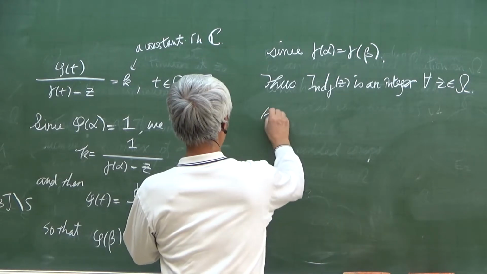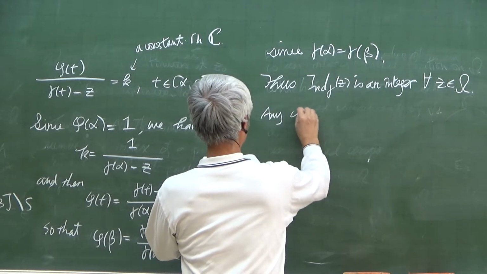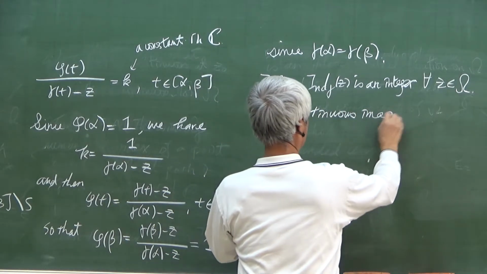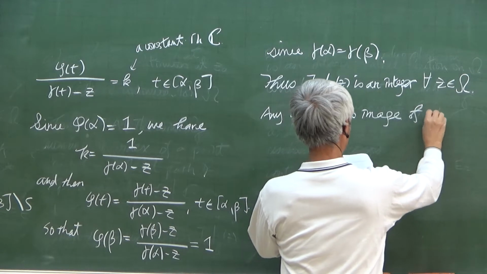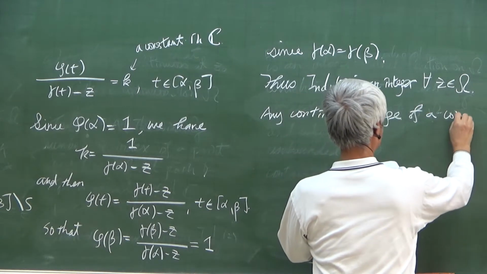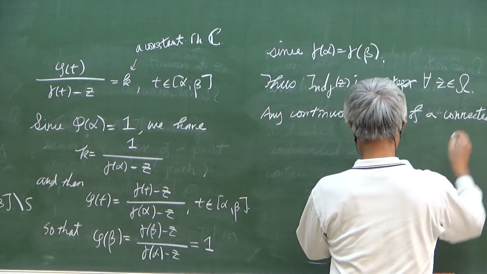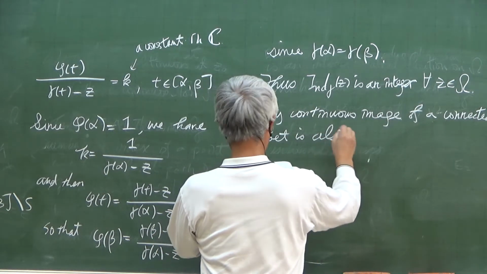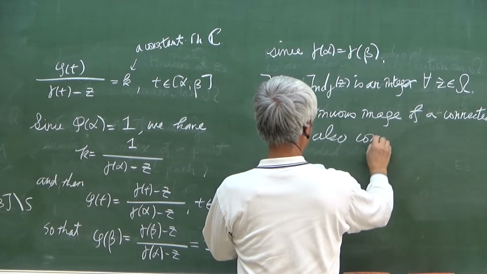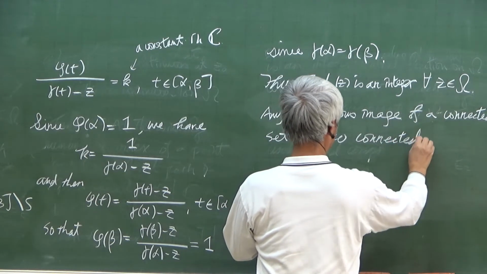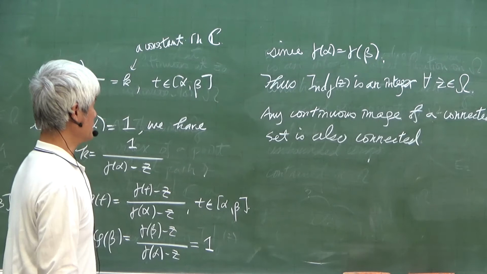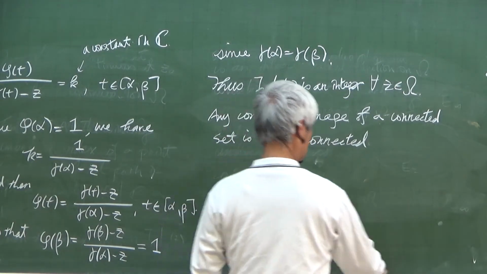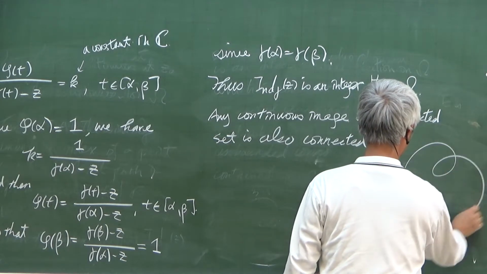Now, any continuous image of a connected set is also connected. So this is a property.